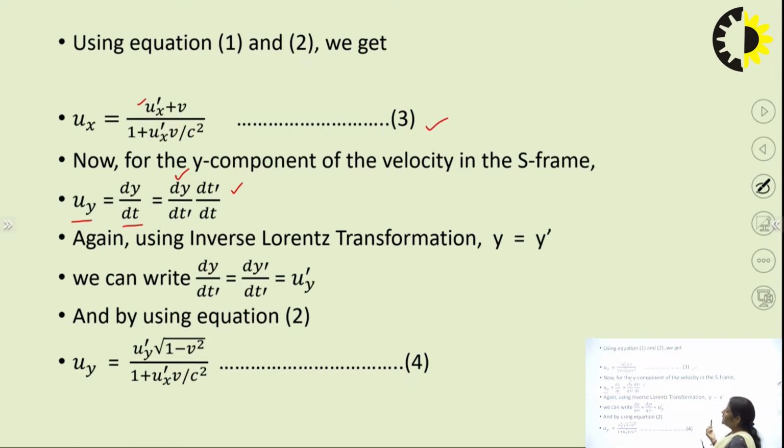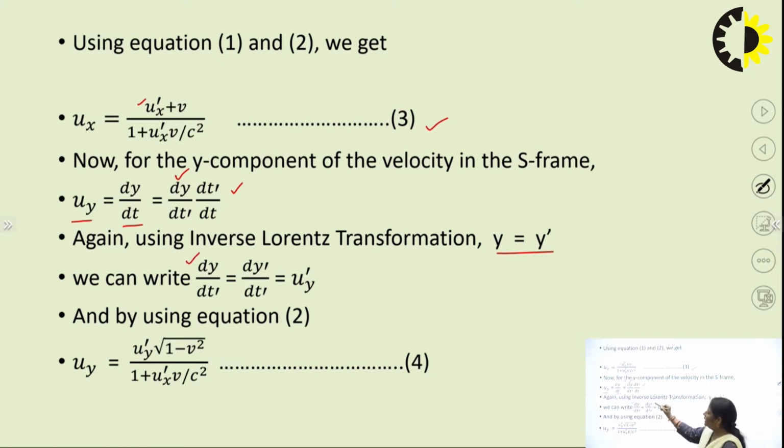So this is how we will be able to get the y component of the velocity. Let us see now what the inverse Lorentz transformation says about the y variable. It says y is equal to y dash. We substitute y equals y dash here, and we calculate dy by dt dash.